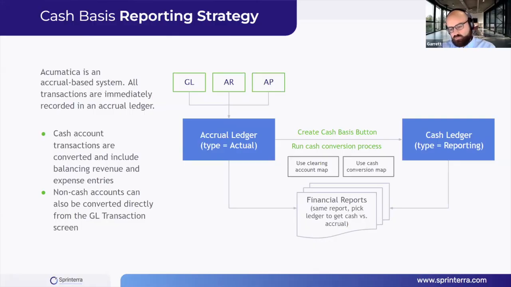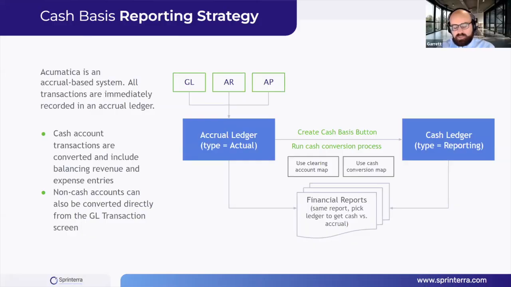This also works if you're creating new custom reports, if you have certain reporting requirements you're trying to meet. It's just going to be a matter of pointing that report to the cash basis ledger that we're populating, as opposed to maybe the standard accrual ledger.